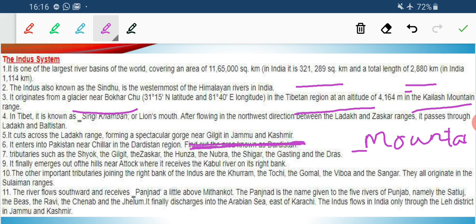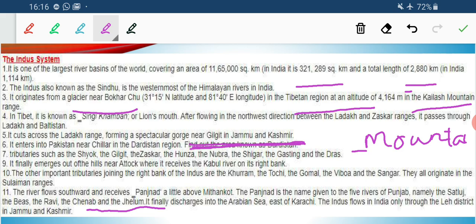Now next, other tributaries which are there are Satluj, Bias, Ravi, Chenab, Jhelum. These are the other tributaries, and these are considered as Panchnad.